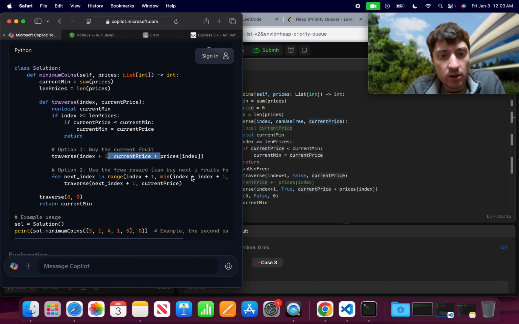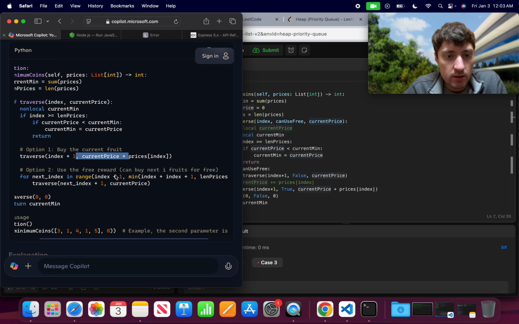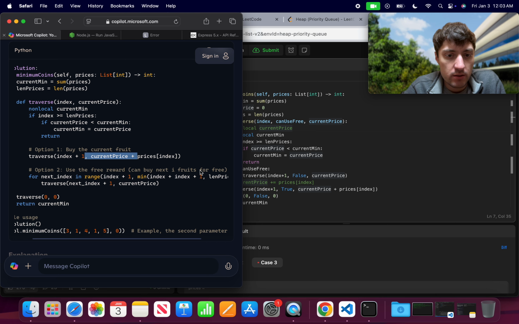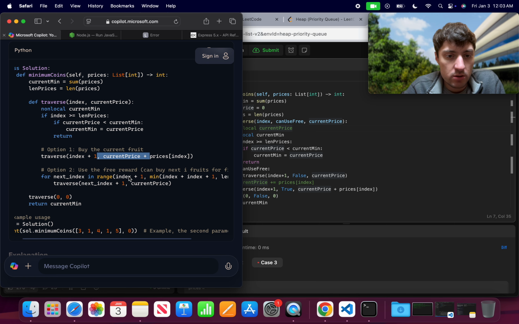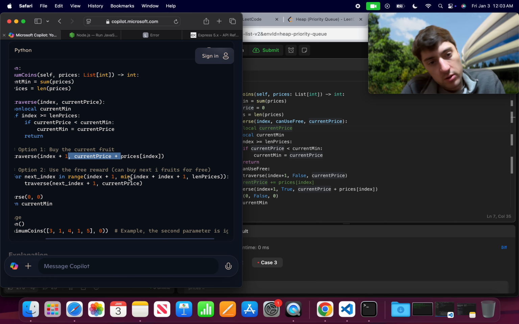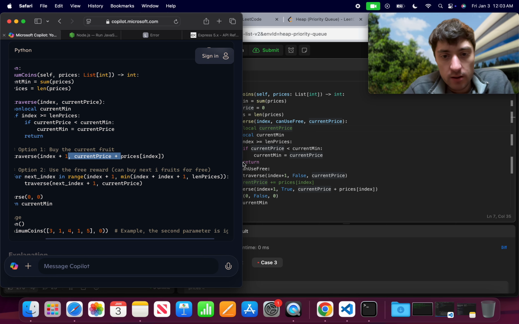And they are not using this, like, can use free. They're not using that. I don't know why. Use the free reward, can buy next i fruits for free. Okay. For next index in range. What? Okay, hold on.